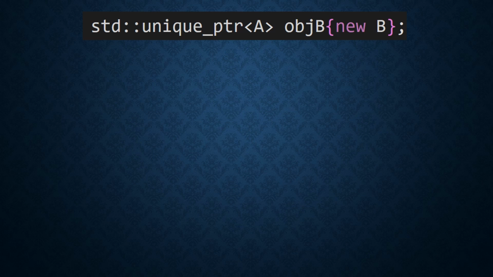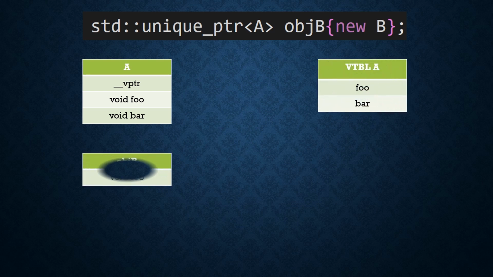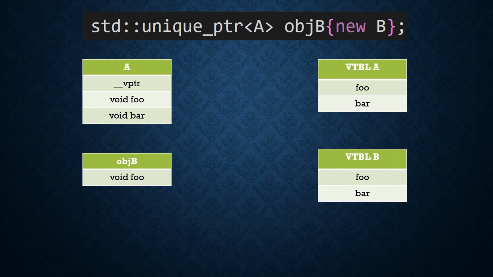Now let's look at what will happen if we want to create an object of type B. In this case, we still have an object of type A, and it resides inside the object of type B, because when we are creating B, we are creating its inherited object as well, and it is A. We have the virtual table for A, we have object B that only implements foo, and we have the virtual table for objects of type B. The connection is like this.